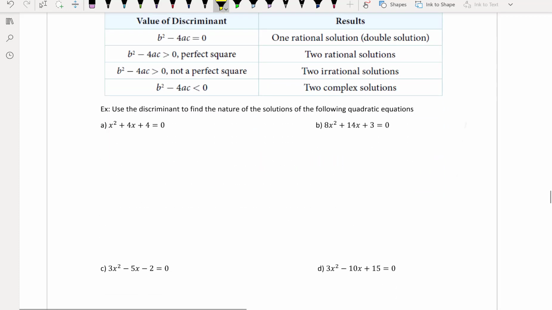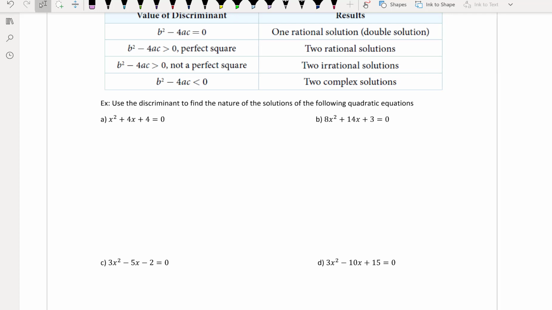So let's go ahead and think about this for part A. I'm going to identify my values. I have that A is equal to 1, B is equal to 4, and my C is equal to 4. So the discriminant that I'm thinking about is just my B squared minus 4A times C. The values that I'm plugging in are my B, which is 4, my A, which is 1, and my C, which is 4.